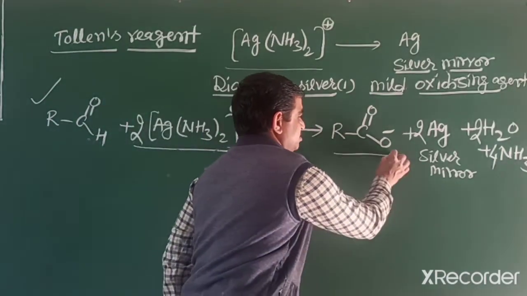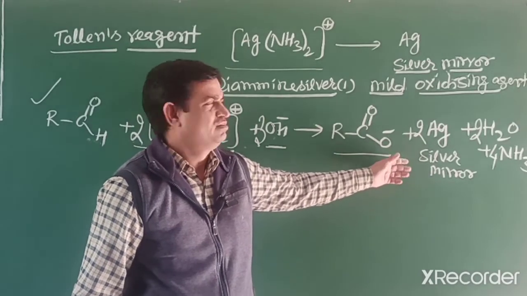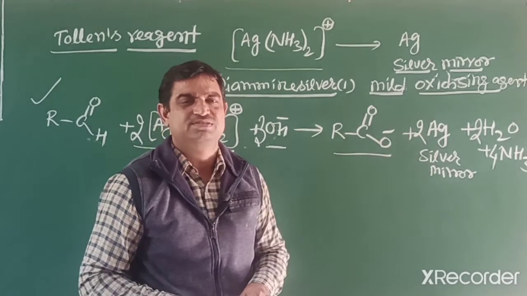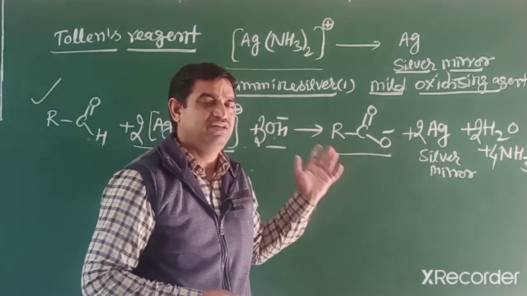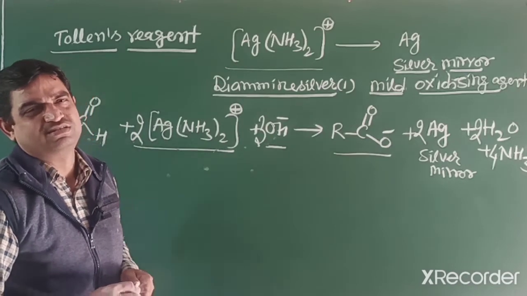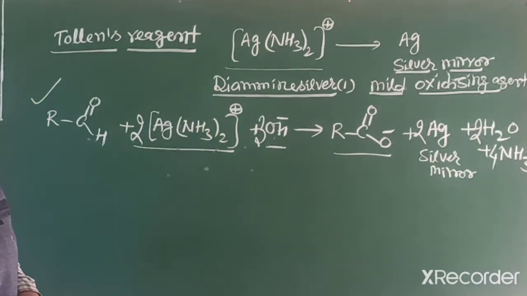But you should remember. So this one is the silver mirror test, and after some time we will perform this activity. How can aldehyde respond to this test? And ketones are not oxidized by this Tollens reagent.